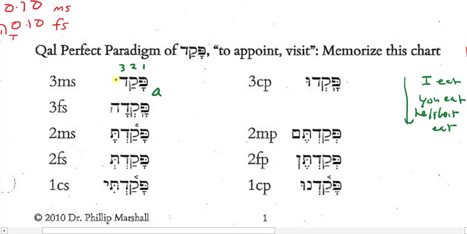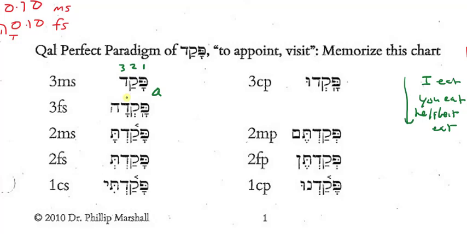I want to start with the simplest and then add things to it, okay? So that's why Hebrew starts with third person and works its way down. It may seem backwards, but hey, you're used to that, right? We're reading backwards now, so get over it, all right? By the way, there are some Hebrew textbooks that do start with first person. But that is traditionally not how the grammarians have done it.